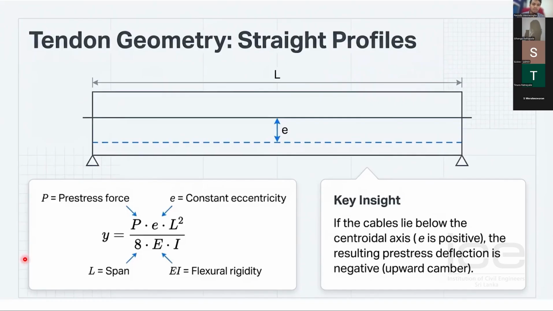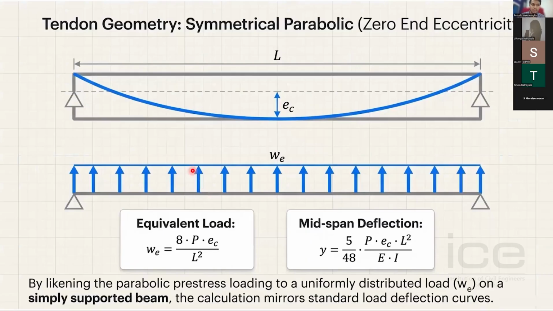If the tendon profile is parabolic like this, actually this should start from here, the central part. Due to this parabolic profile of the tendon, the deflection may again vary, but we can approximate that using the equivalent load method.